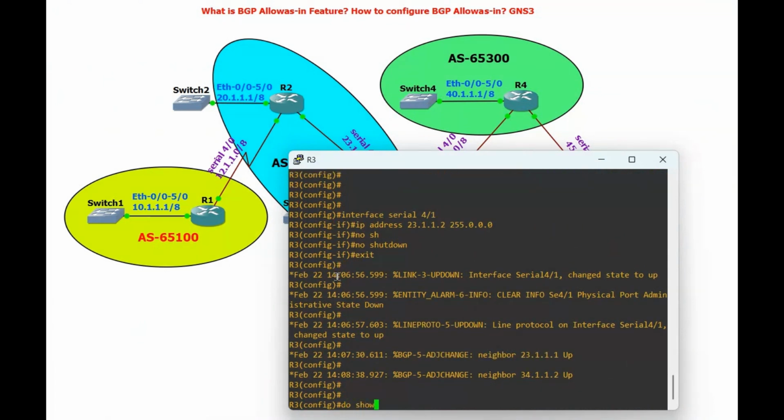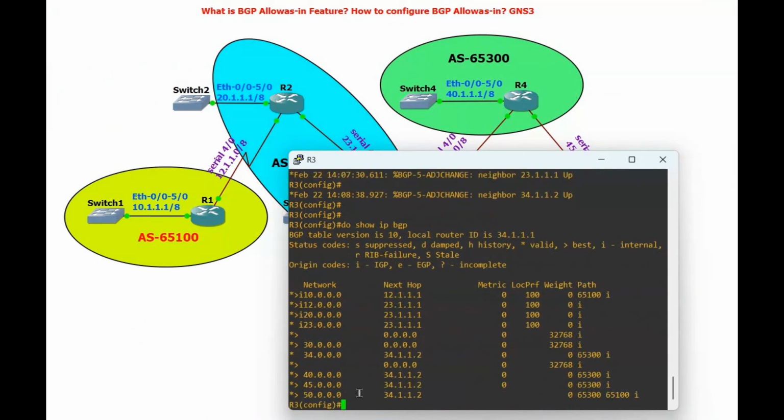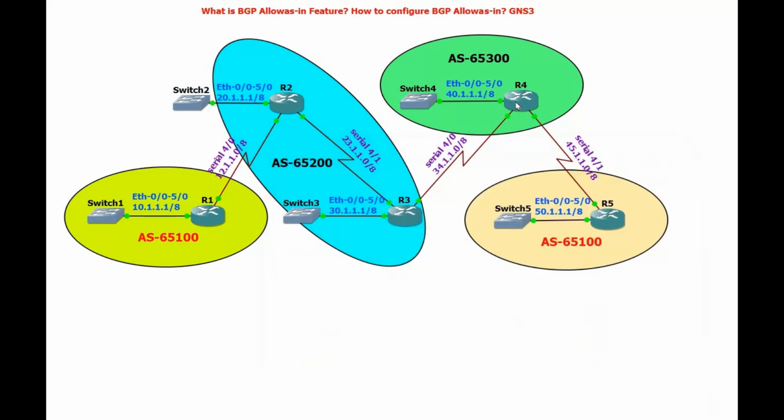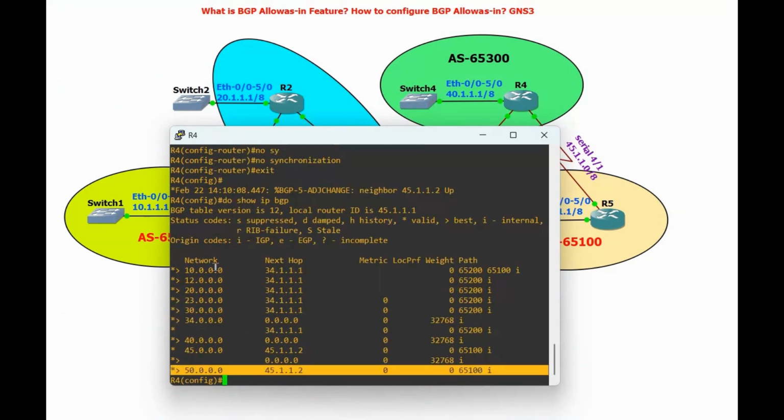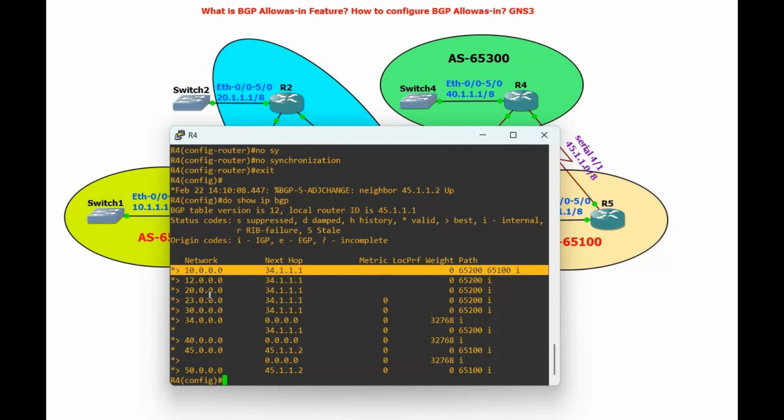Now let's verify on router 3. Do show IP BGP. You can see the 50 dot network and 10 dot network, all these networks. On router 4, do show IP BGP. There you will see the 50 dot network, 10 dot network, 30 and 40.